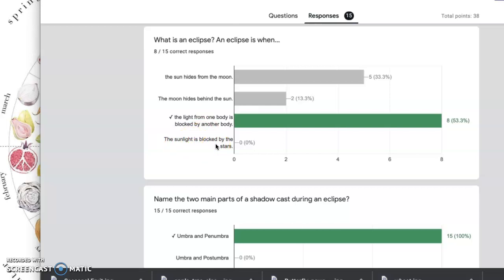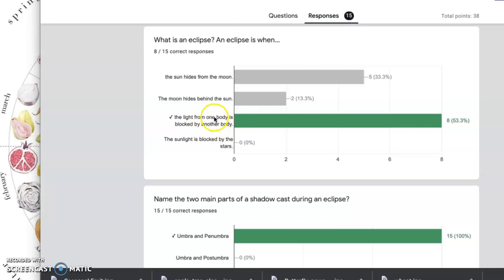Okay, so I could see how some of you guys might have selected that the sun hides from the moon. You guys were assuming that I meant that the sun is hiding behind the moon. Sorry if that tripped any of you guys up. But the correct answer was that the light from one body is blocked by another body.